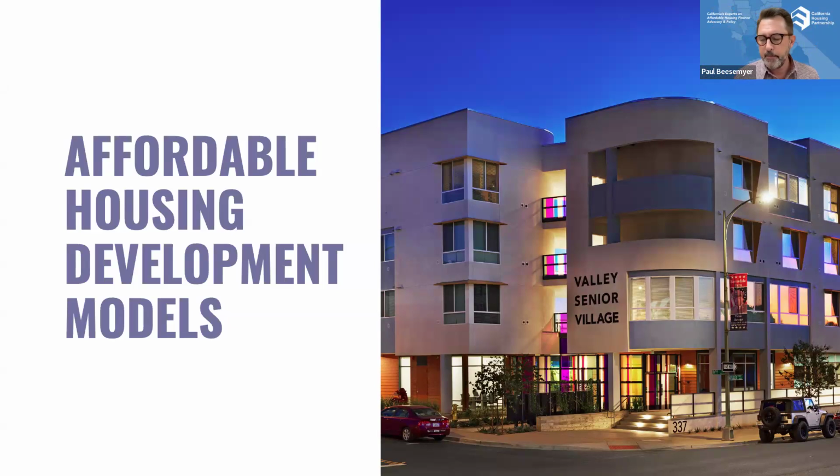I think the place most folks come from is, well, it must be public housing. Public housing is a form of affordable housing, but that's not the predominant way that affordable housing has been produced around the country, not just in California, for the last 35, 40 years or more.